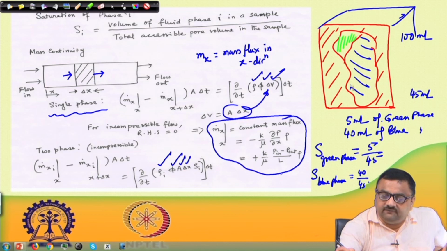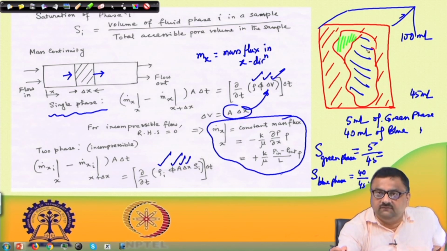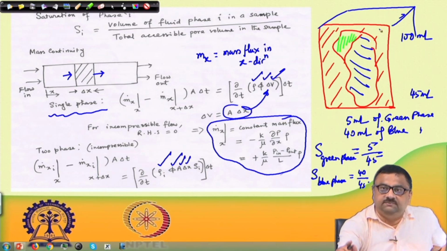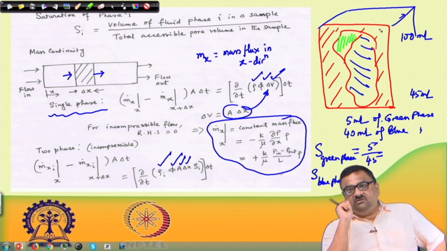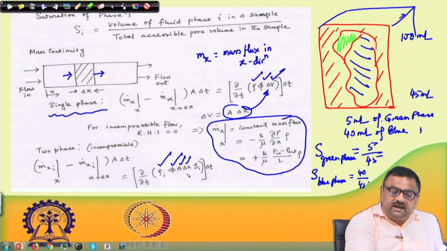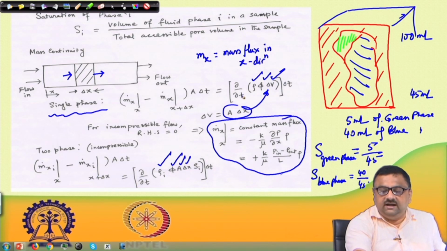When we have more than one phase, the entire void space is not occupied by the ith phase, only the part represented by Si, the saturation of the ith phase. So any accumulation that can take place, you have to multiply by Si, because the entire void space is now not occupied. Earlier we had del del T of rho phi delta V.